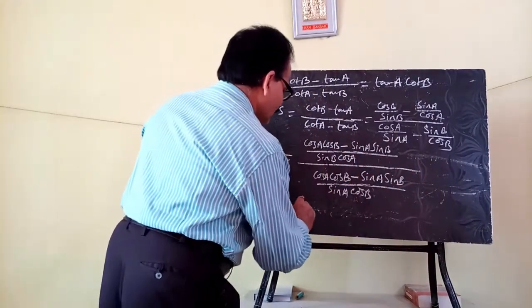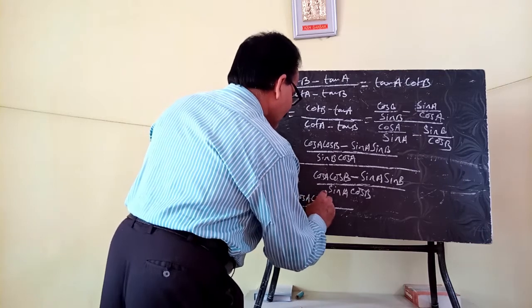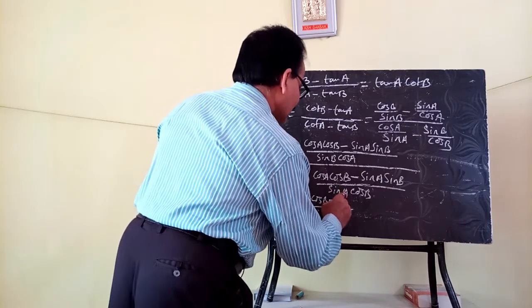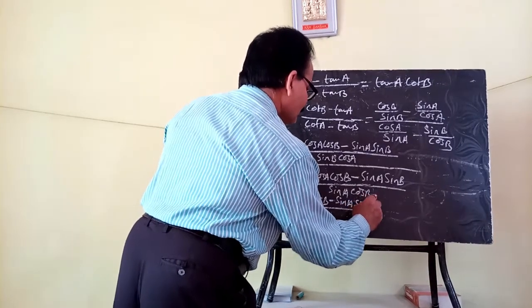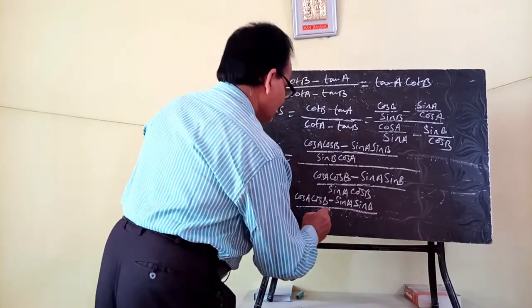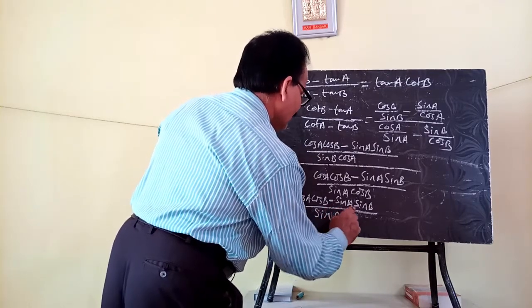So for that, you write cos A cos B minus sin A sin B by sin A sin B by cos A.